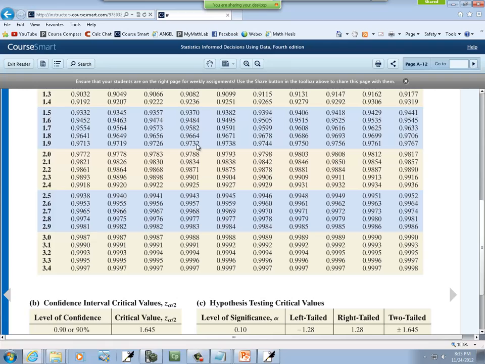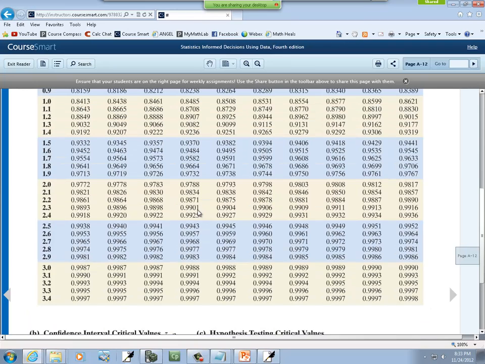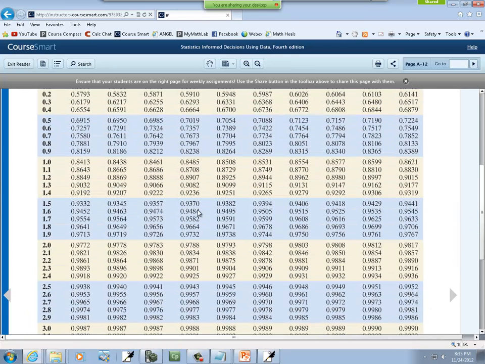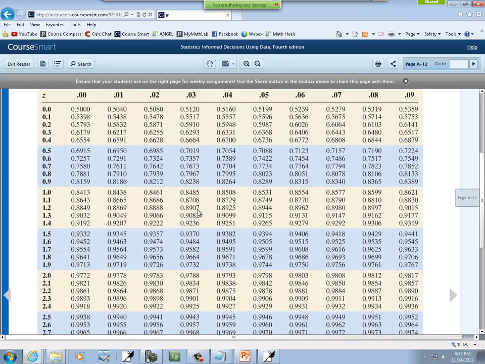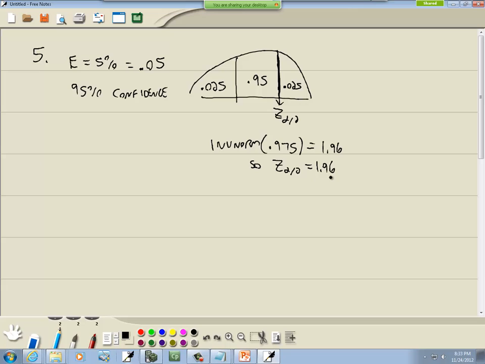And I look in the middle here, I'm looking for 0.975. Here's 0.975. Come over here, it's 1.9. And if I go up, it gives me the 600s. So that gives me the same 1.96.